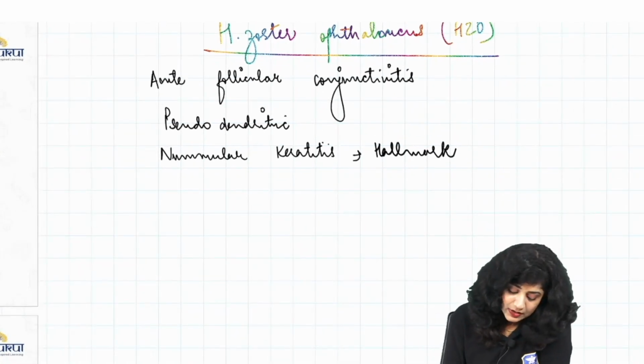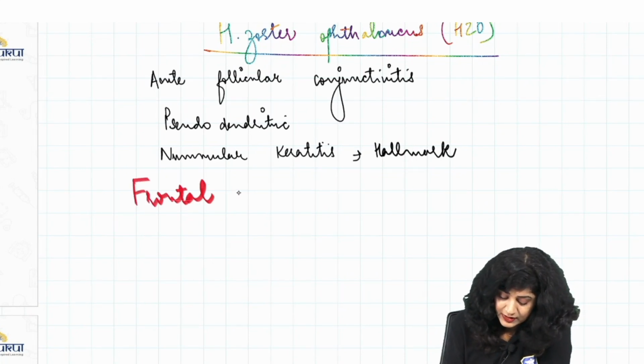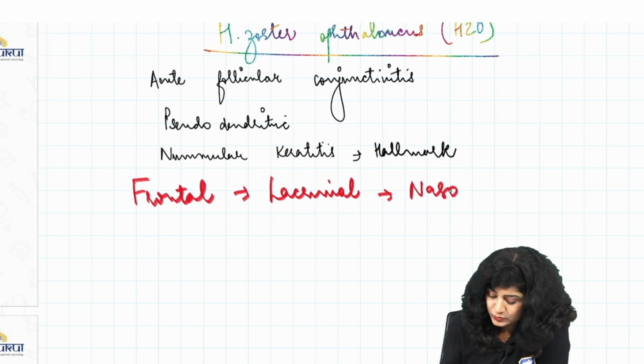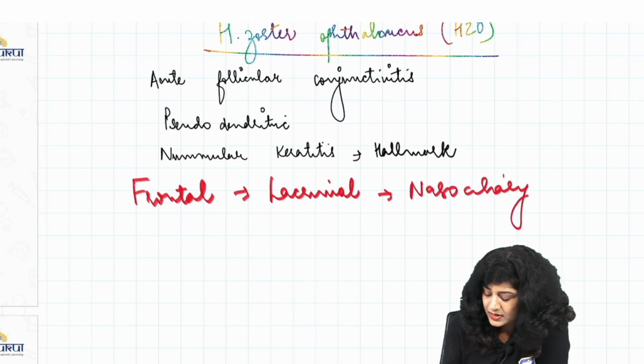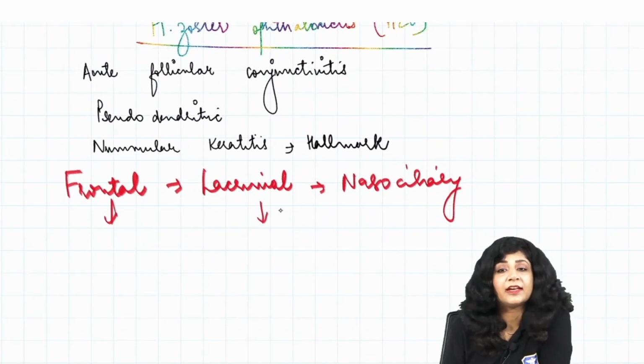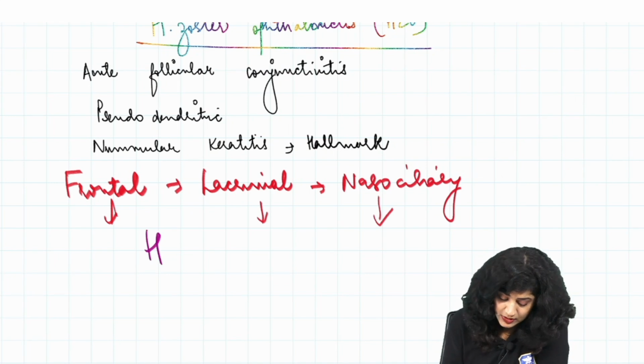Then we have involvement first of the frontal division, then the lacrimal division, and then the nasociliary division. This is the stage-wise pattern. According to this, we have a rule which is called the Hutchinson rule.